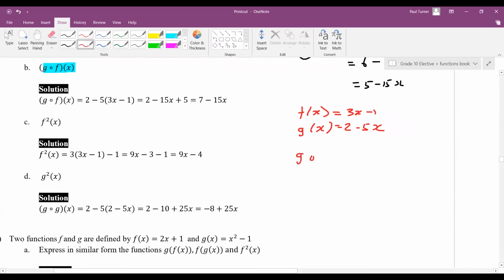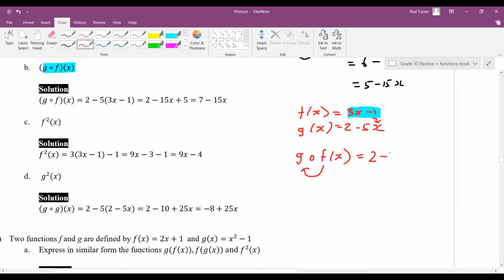So g(f(x)). So take your g function, the one on the right side, and put it into this function here. So your f function is 3x minus 1. We need to put that into g. So that will basically just go in there.